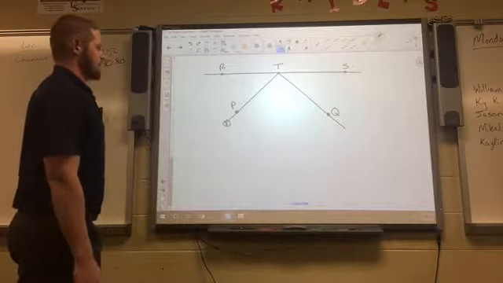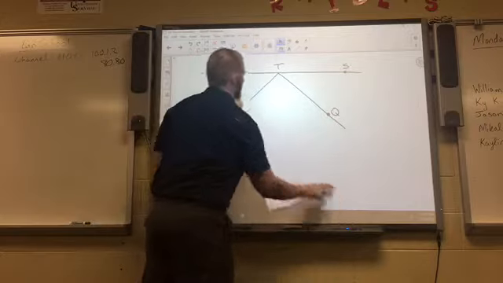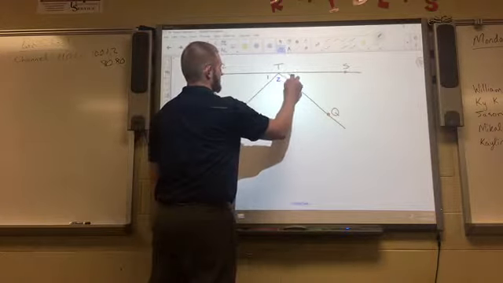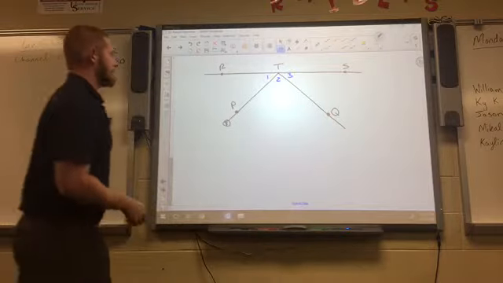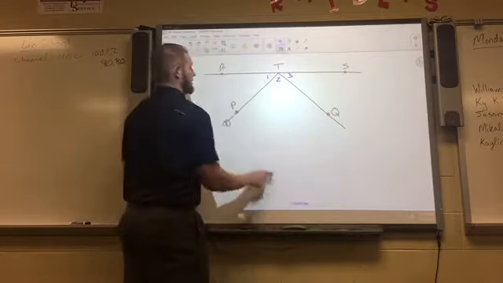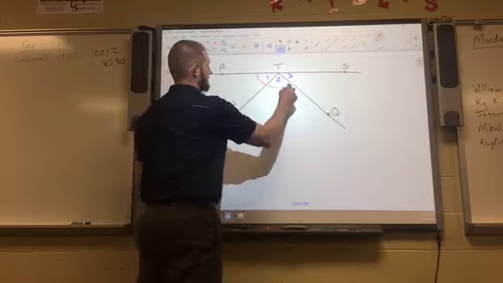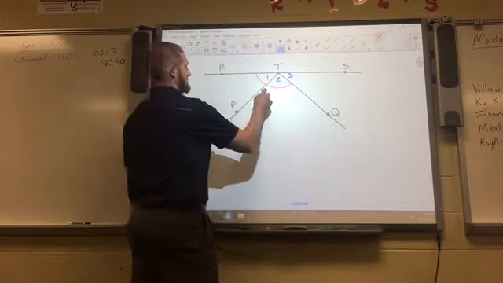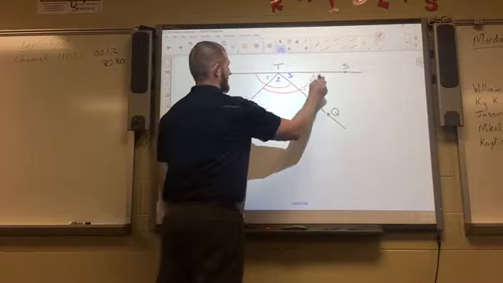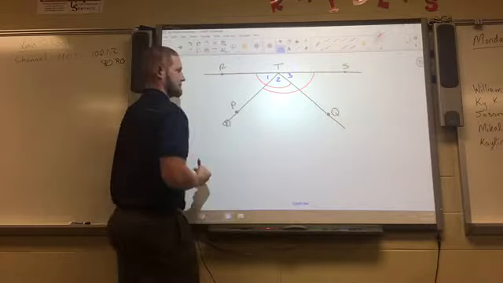Okay, and then they label these angles as angles 1, 2, and 3, just so we can refer to them easier without a bunch of letters. And they label that this angle, RTQ, is the same measure as this angle, STP.